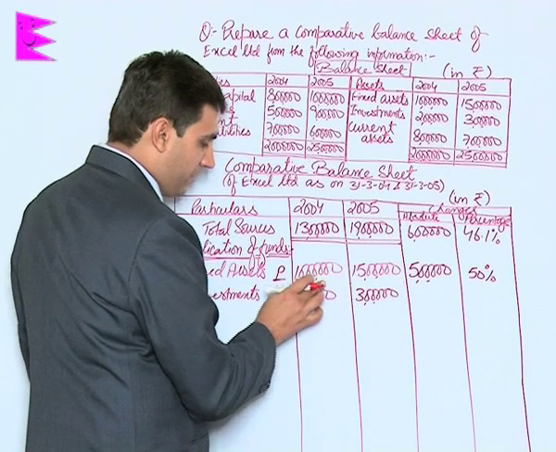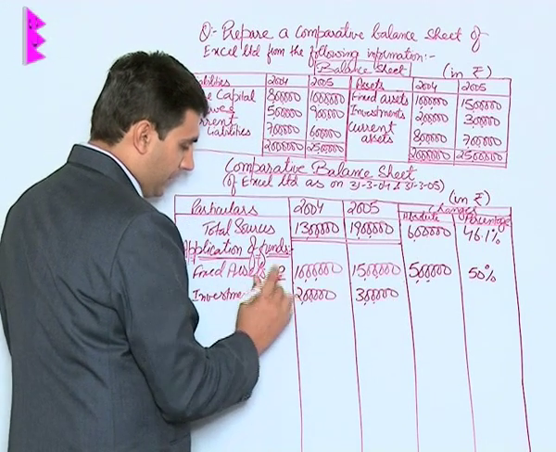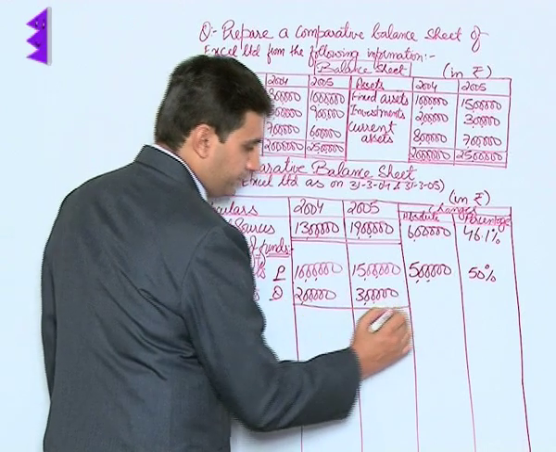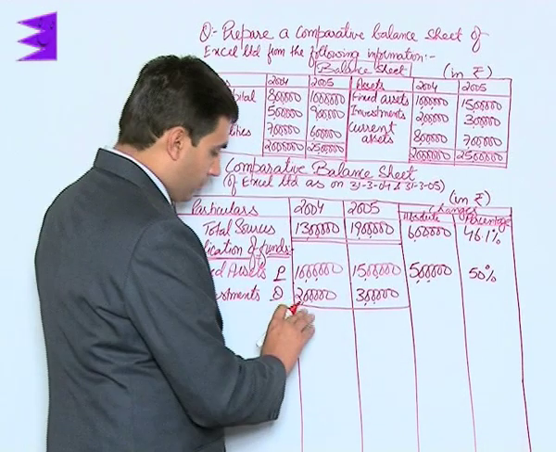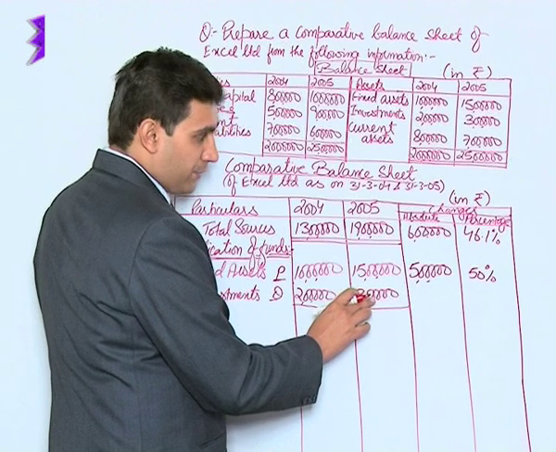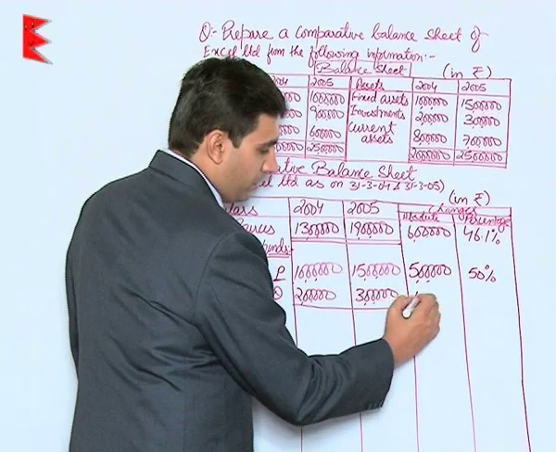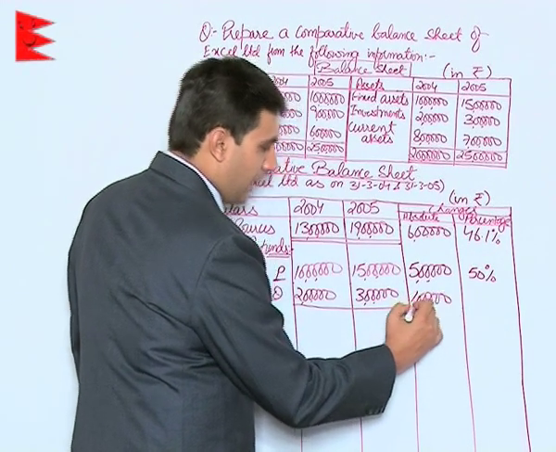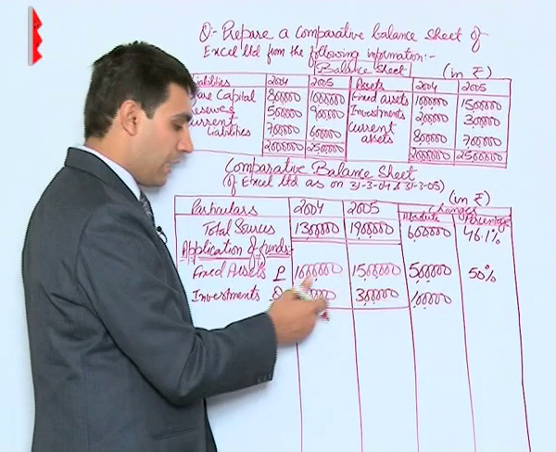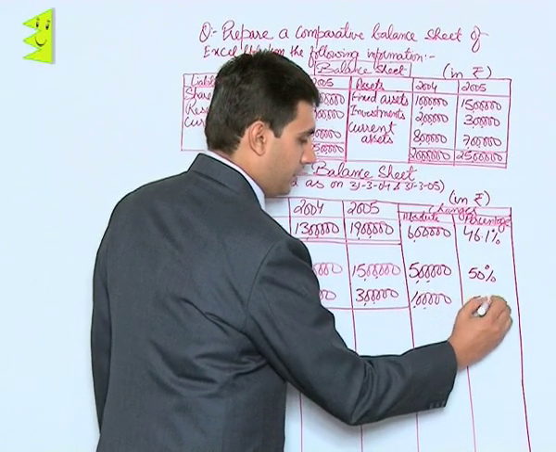We will put a line after the investment signifying that it has ended here. Now students, the absolute change would be 3 lakh minus 2 lakh, 1 lakh, and the percentage change would be 1 lakh upon 2 lakh, 50%.